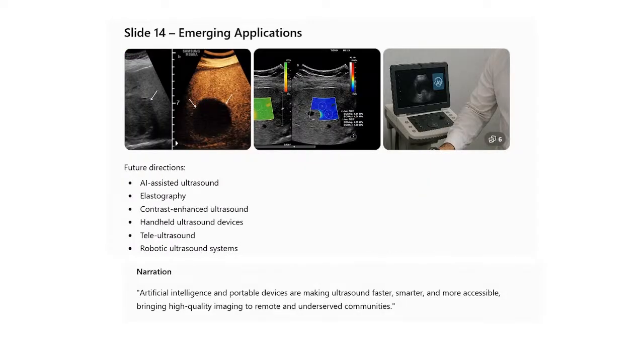So now, there are also the future imaging applications of medical ultrasound. What are those? The future directions: AI-assisted ultrasound, elastography, contrast-enhanced ultrasound, handheld ultrasound devices, tele-ultrasound, and robotic ultrasound systems. So the narration: artificial intelligence and portable devices are making ultrasound faster, smarter, and more accessible, bridging high-quality imaging to remote and underserved communities.